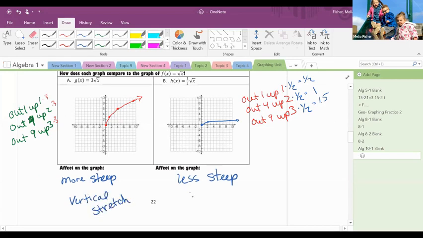This is called a vertical compression. If I wanted to talk about what's happening horizontally, the first one would be a horizontal compression, and the second one would be a horizontal stretch. So it would switch with the vertical.